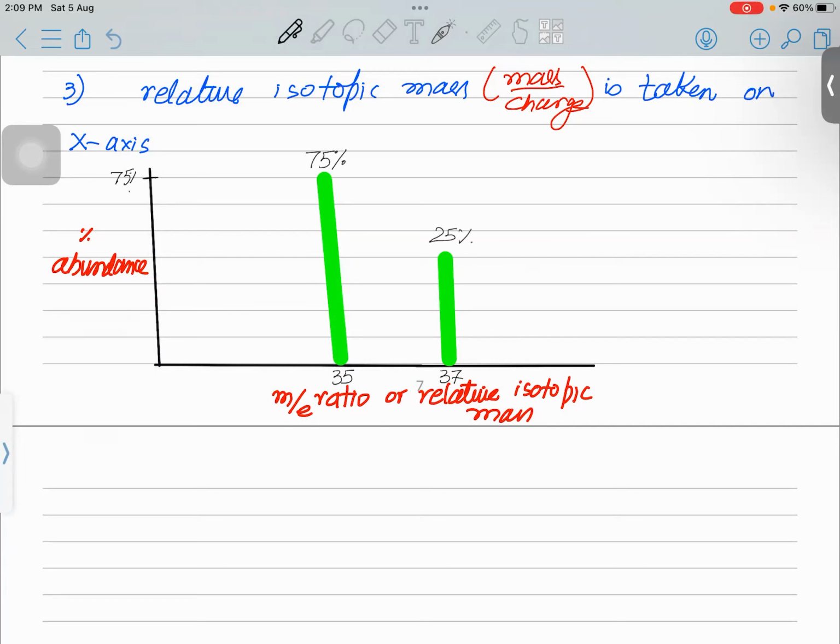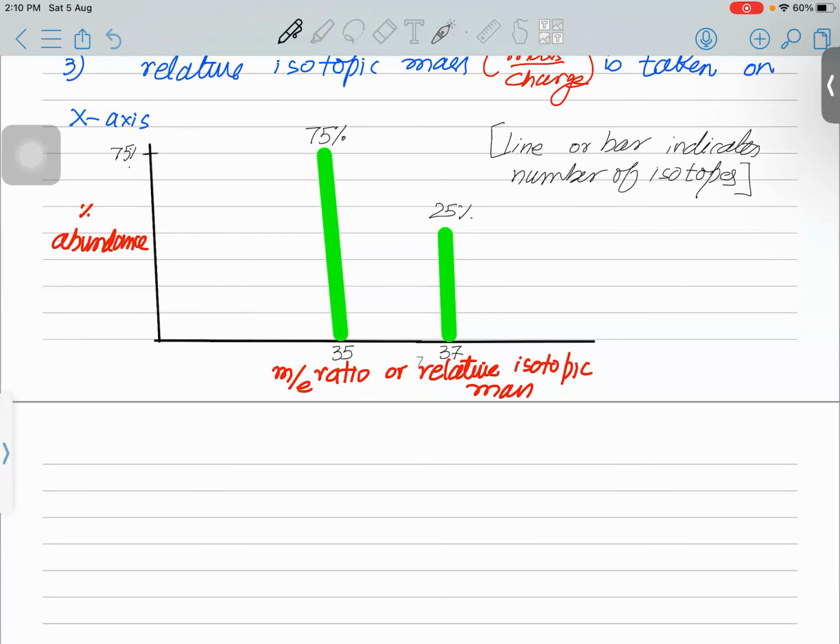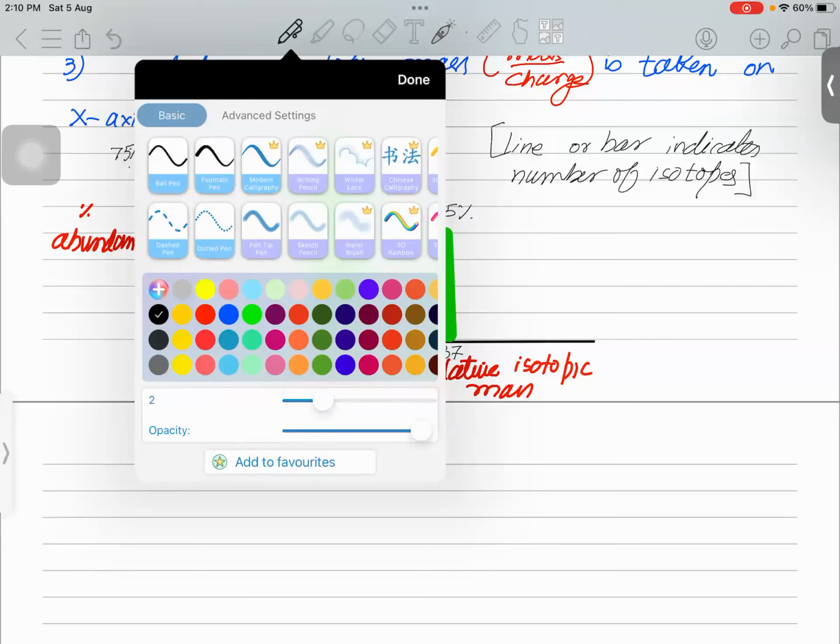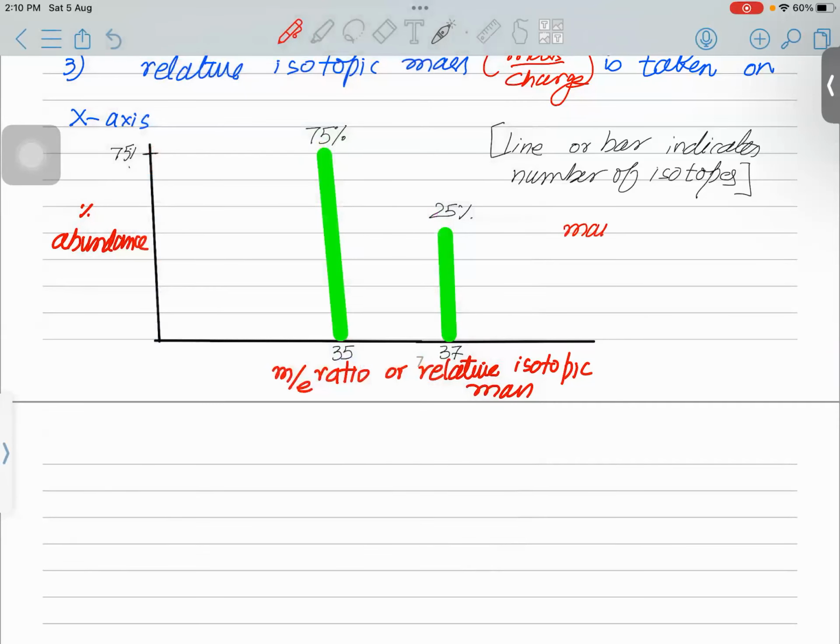This is 25%. So a line or bar indicates the number of isotopes, because this is the mass spectrum of chlorine.